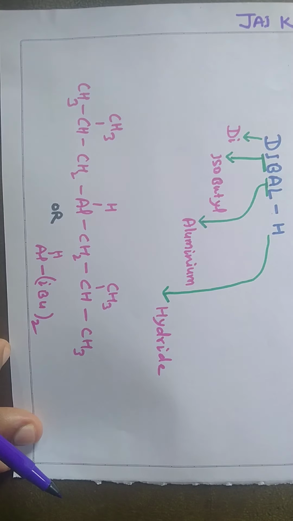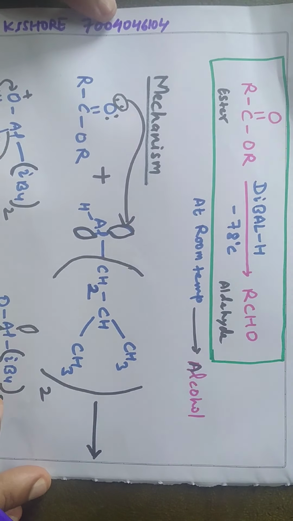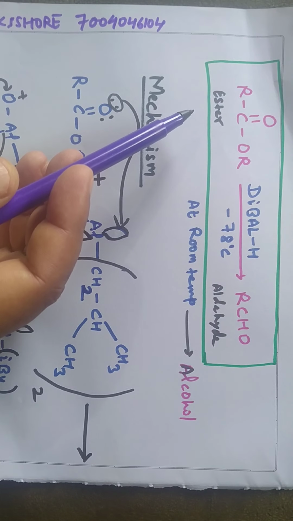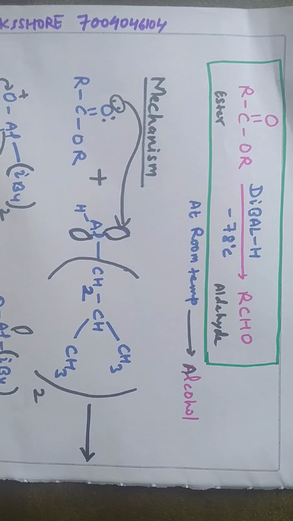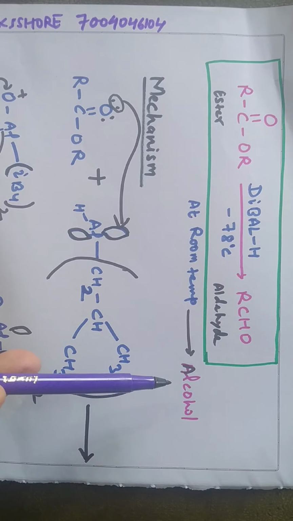Now after knowing the structure of di-isobutyl aluminum hydride, DIBAL-H, we will see the reaction and its mechanism. Now see here, we have taken an ester group, and this ester group can be converted into alcohol.